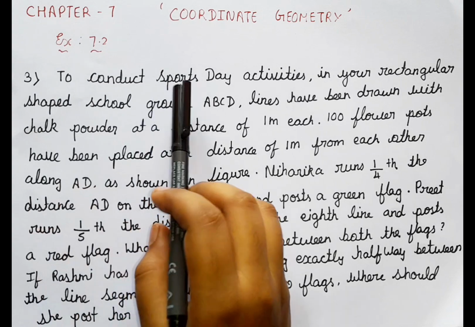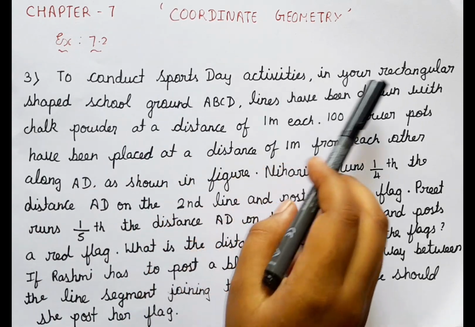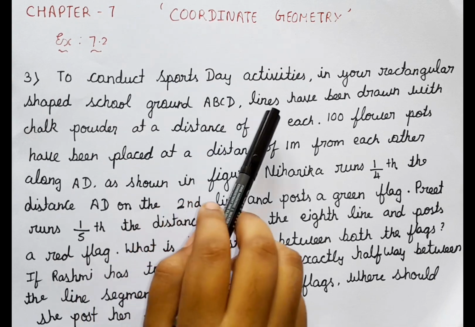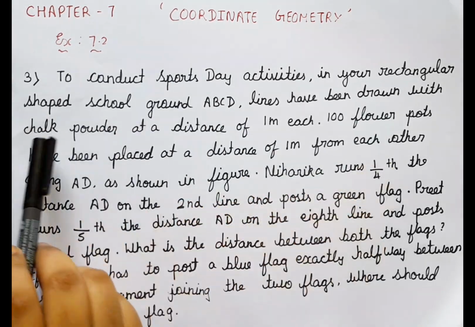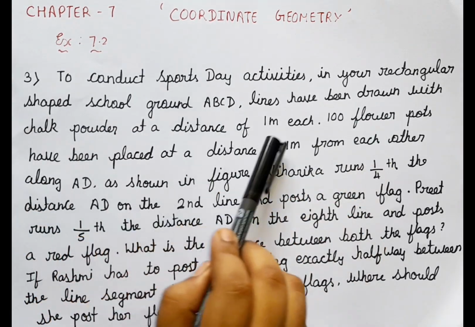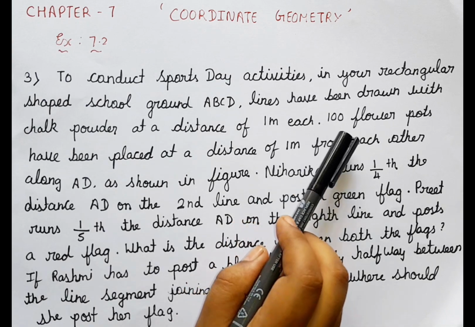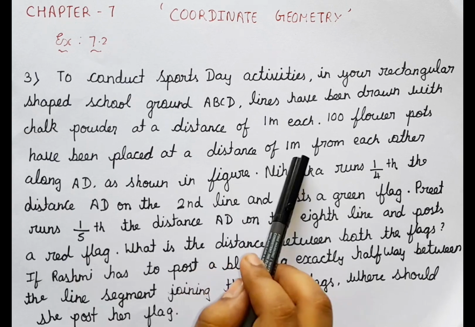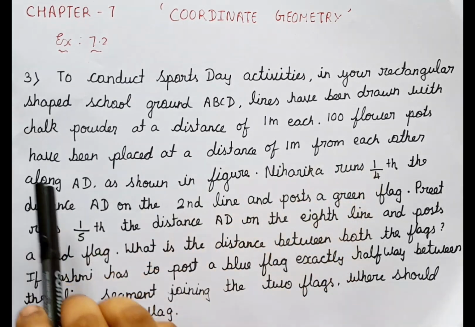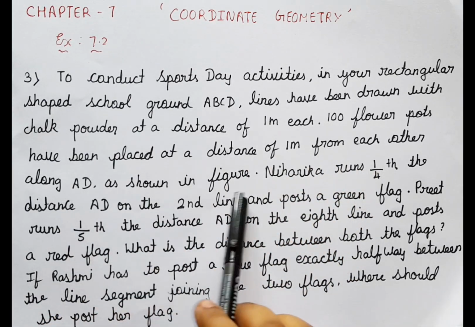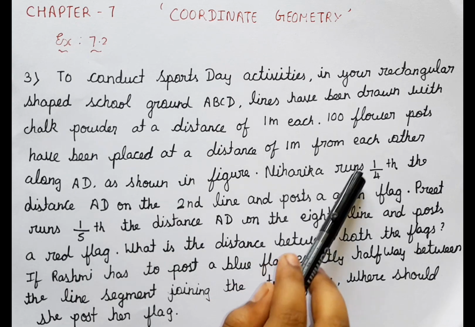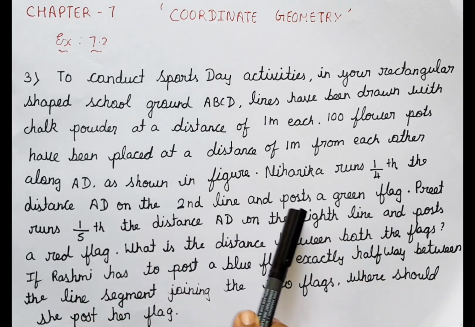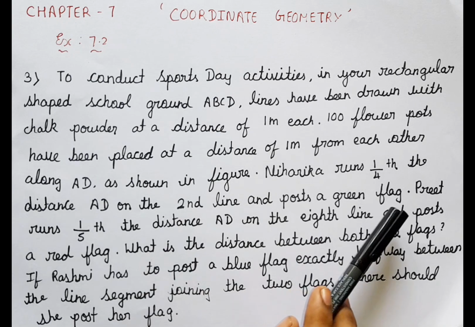To conduct sports day activities in your rectangular shaped school ground ABCD, lines have been drawn with chalk powder at a distance of 1 meter each. 100 flower pots have been placed at a distance of 1 meter from each other along AD. As shown in the figure, Niharika runs 1/4 the distance AD on the second line and posts a green flag.